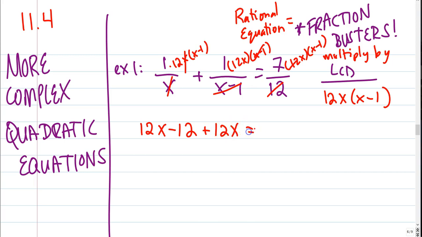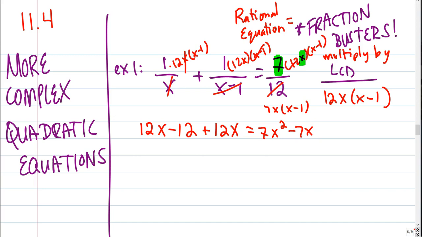And on this one, I have a 7 and an x times x minus 1. So think of it as 7x(x minus 1). Make our life a little easier, so it's 7x squared minus 7x.